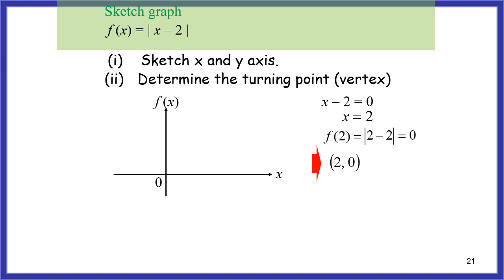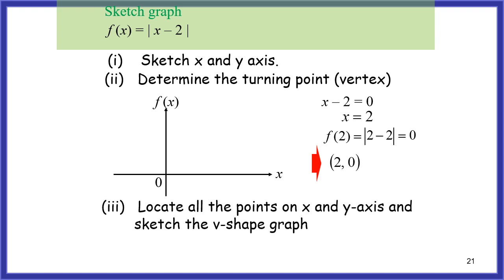So (2, 0) will be the turning point, the vertex. We plot the turning point on the x and y axes and sketch the V shape. Because we have a positive value in front of the absolute, we will have a V shape like this. Okay? So it's going up and up on both sides, left side of 2 and right side of 2.